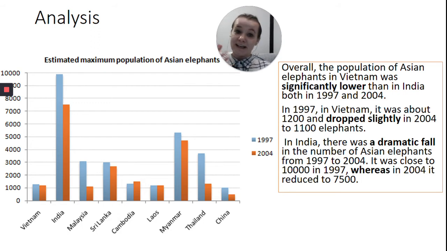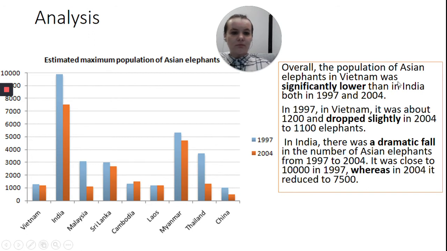And then talking about the two sentences we saw in the beginning, when you talk about Vietnam separately, you can say yes, in 1997 it was about 1,200, and dropped slightly, or there was a slight difference, or an insignificant difference, if you use the language of comparison.